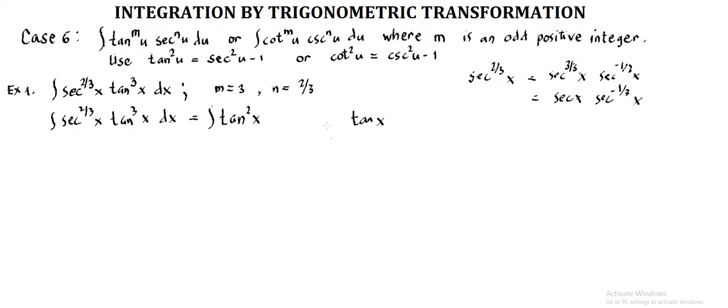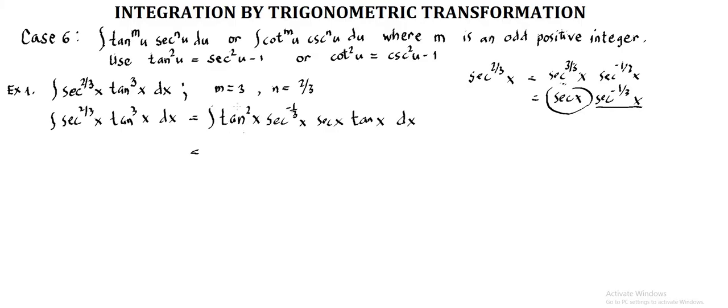Okay? So, kukuha tayo ngayon dito ng isang secant of x. So, ang matitira dito ay yung secant raised to negative 1/3 of x pag ating ipinactor out itong secant of x. So, secant raised to negative 1/3 of x dx. Okay?